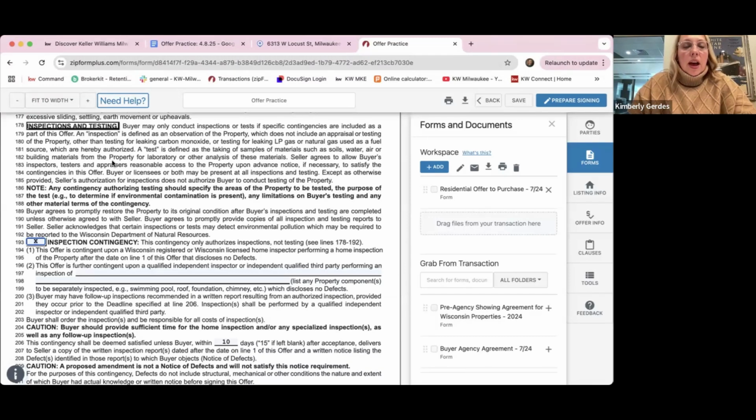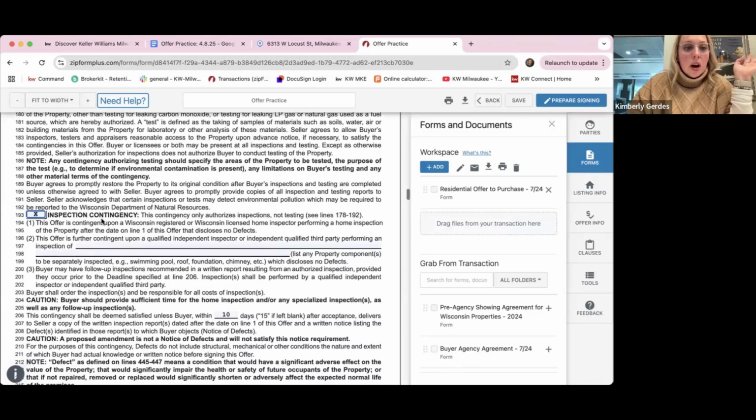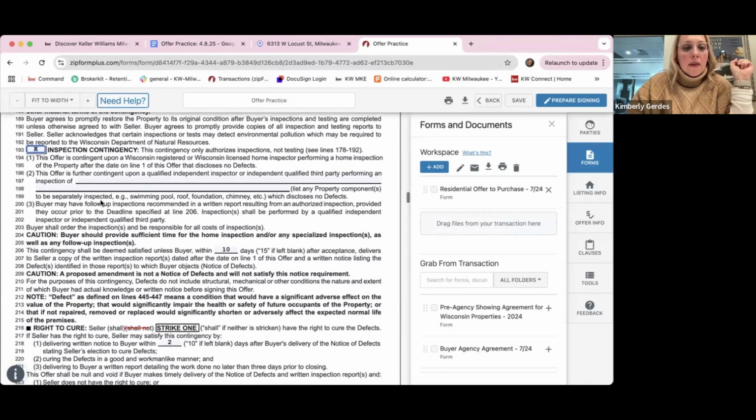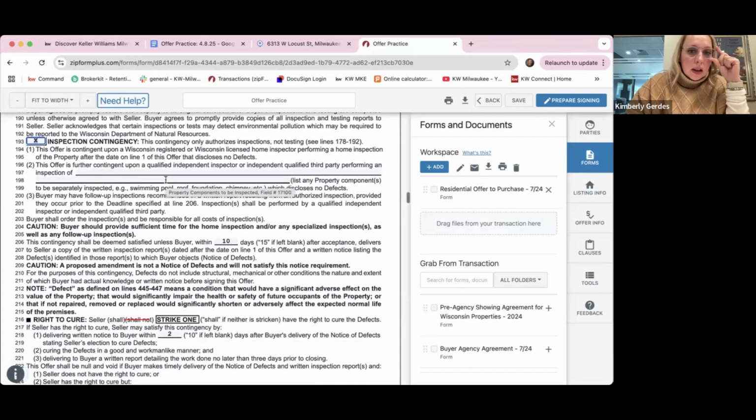So I think of an eye-visible look at the property as an inspection. A test takes something away. So T for test, T for take. That's how I remember it. But back to our contingency, ours is contingent on having it inspected.